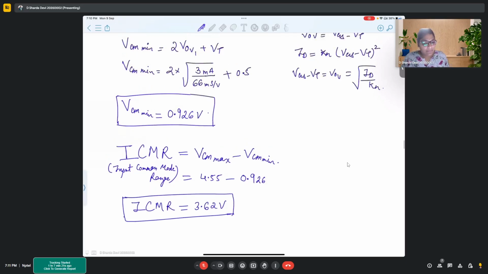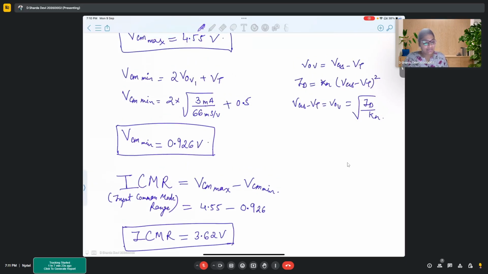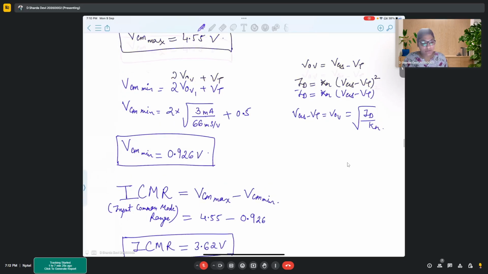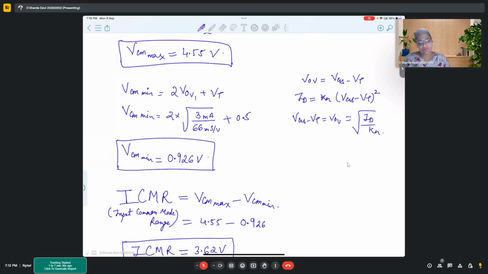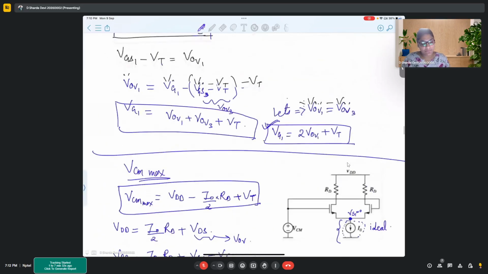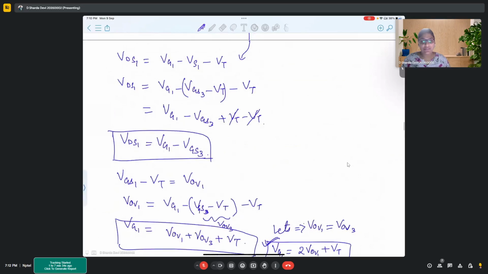So basically, the idea is you can give your common mode input in this range to keep all your transistors in saturation. That's what we solved from this particular problem. Is this clear how we approached this problem?